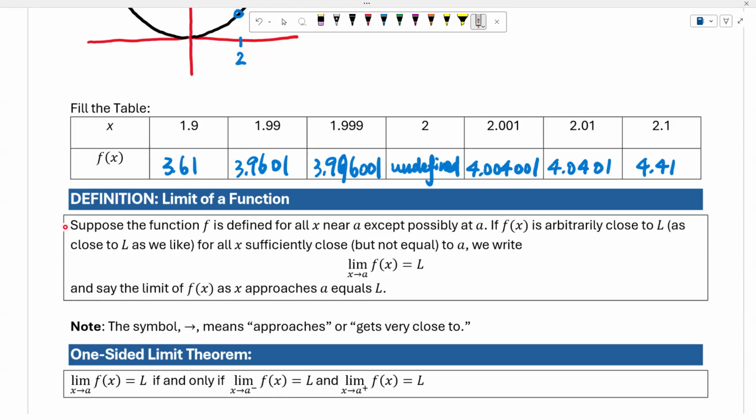If f of x is arbitrarily close to L, for all x sufficiently close to a, we write the limit of f of x as x approaches a equals L. Okay. So this is how we define the limit of a function. Okay. The symbol means approach, okay, or you could say that it gets really close to a then.